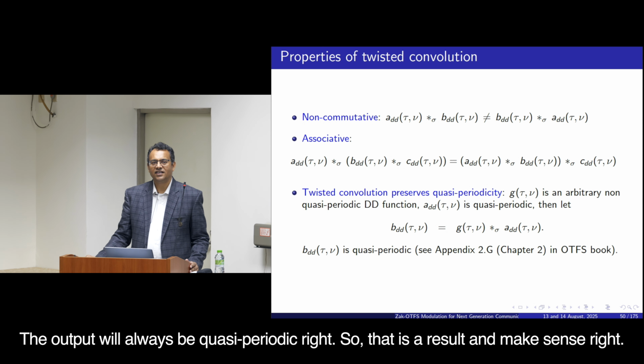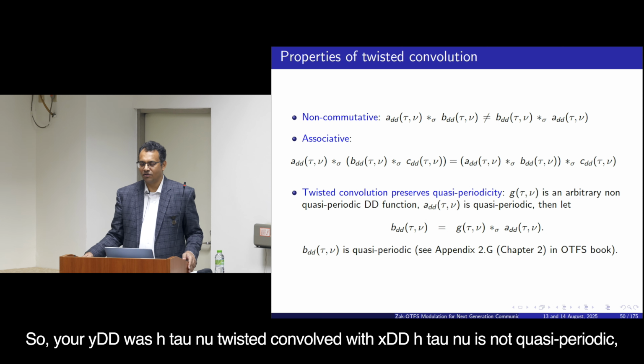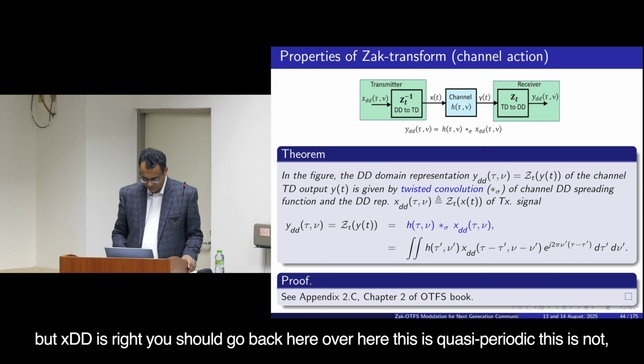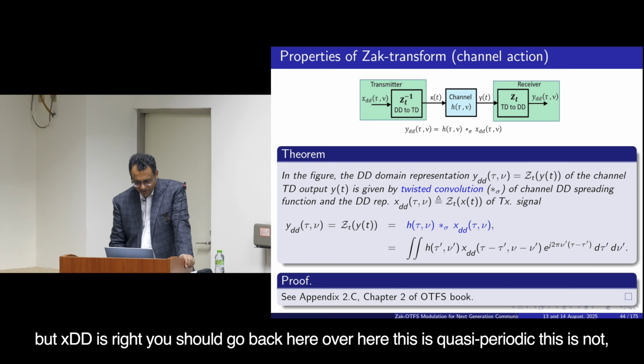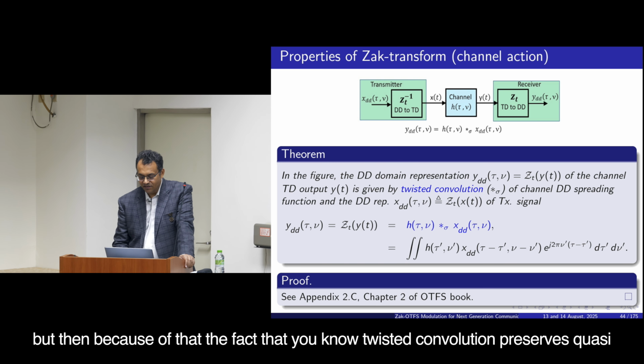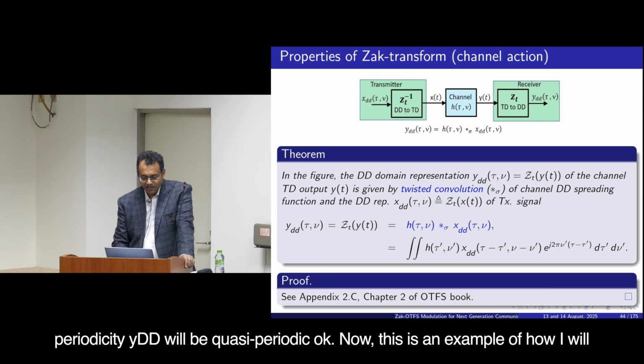And it makes sense, right. So your YDD was h tau nu twisted convolved with XDD. H tau nu is not quasi-periodic, but XDD is, right. If you go back here, over here, this is quasi-periodic, this is not, but because of the fact that twisted convolution preserves quasi-periodicity, YDD will be quasi-periodic, okay.